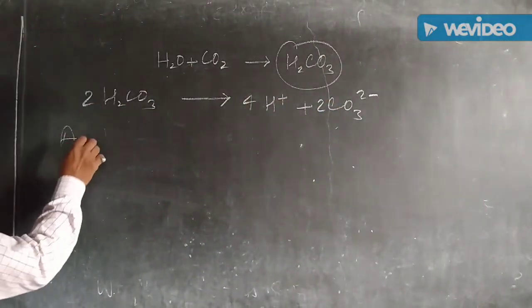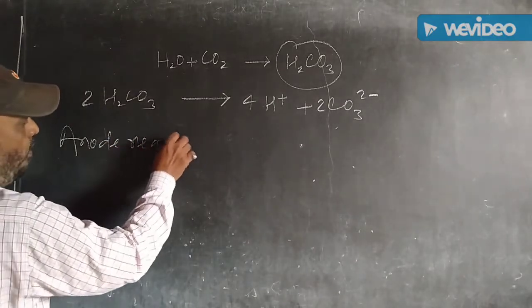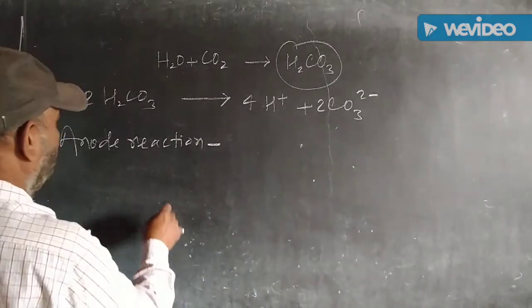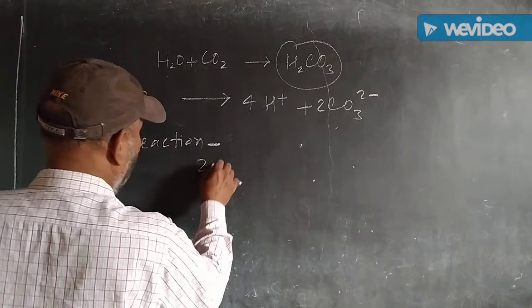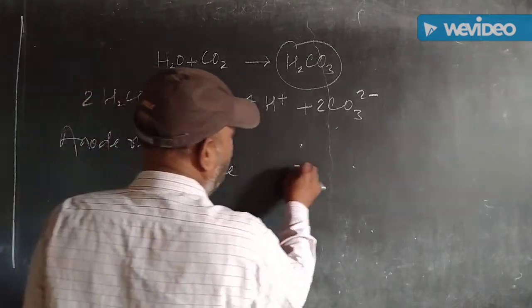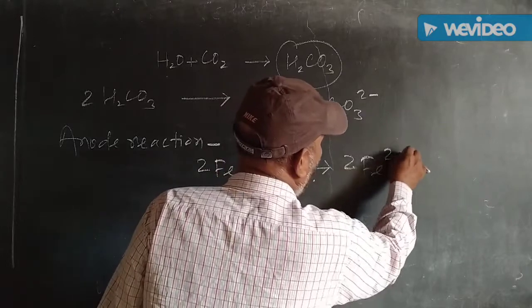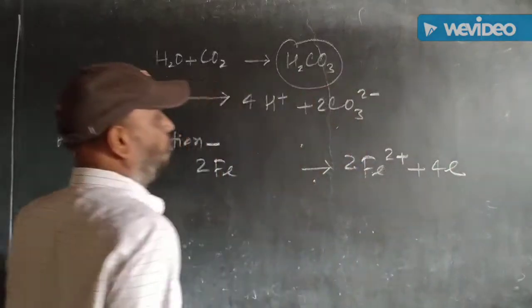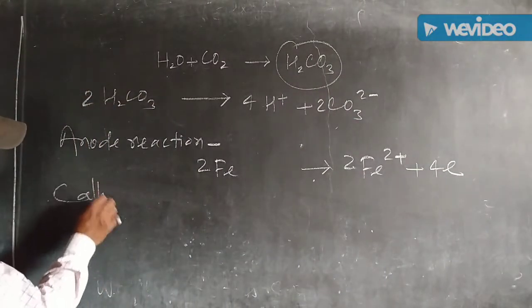Anode reaction: Fe gives Fe2+ plus 2 electrons.